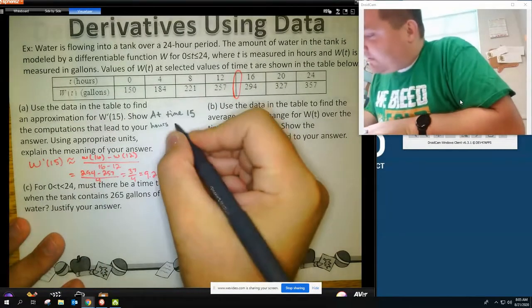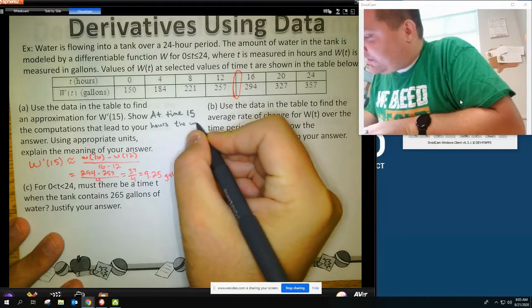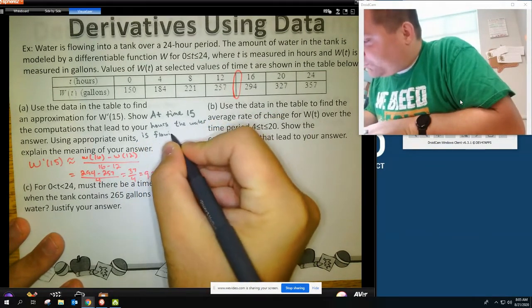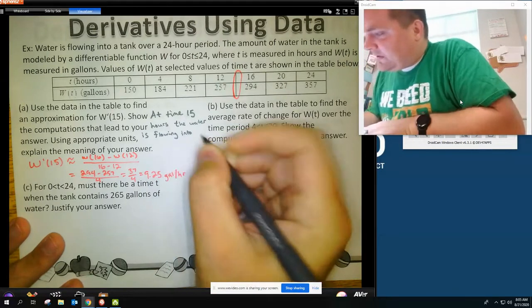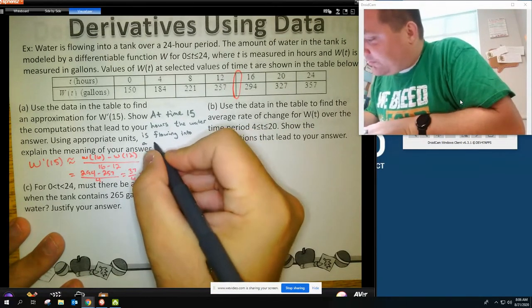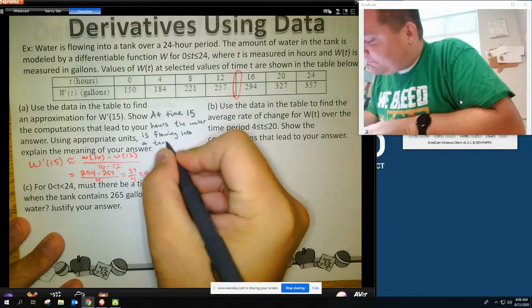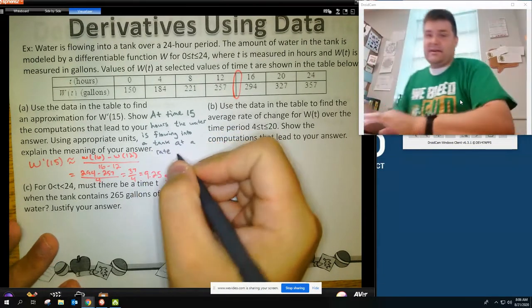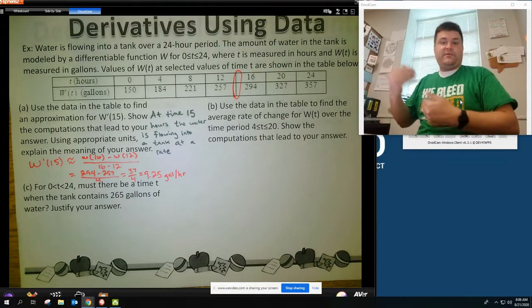So the water is flowing into the tank, or the tank, doesn't really matter, at a rate. Again, you have to specify that it is a rate because we're finding a derivative.